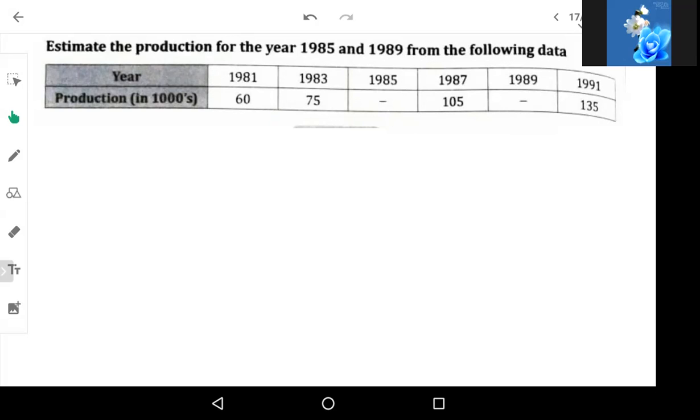Okay, but just the names are given differently. If the data is like this, missing in between, it is called as interpolation. If the data is being forecasted after this, now suppose if they are asking us next 1995 data, then that will be extrapolation. Okay, but solving method same.